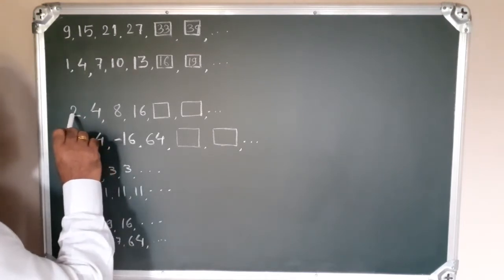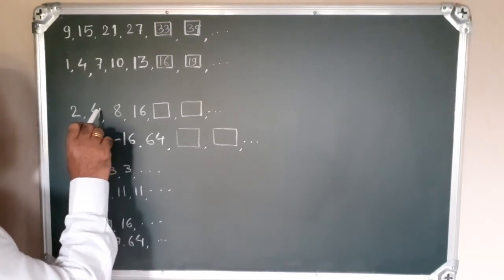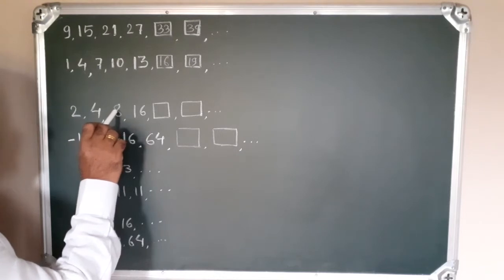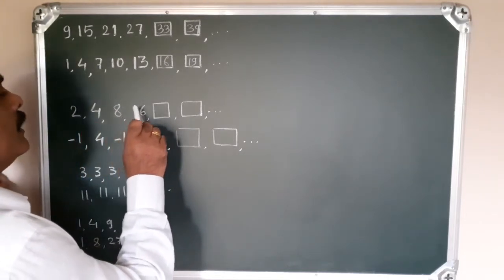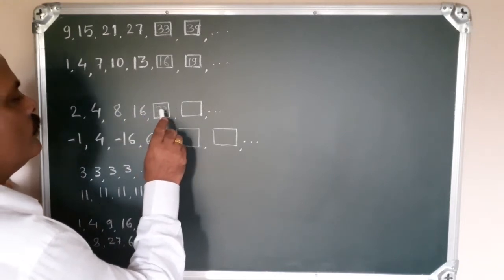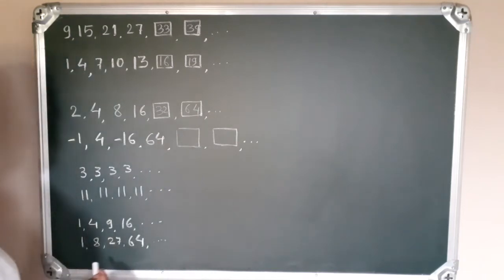So if we multiply this number by 2, we get 4. If we multiply this 4 by 2, we get 8. If we multiply 8 by 2, we get 16. Then 32. 32 into 2, that is 64, and so on.